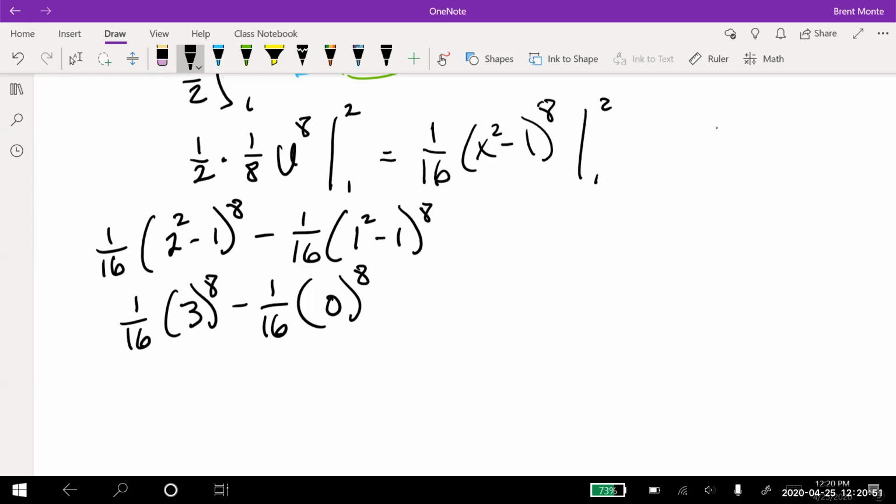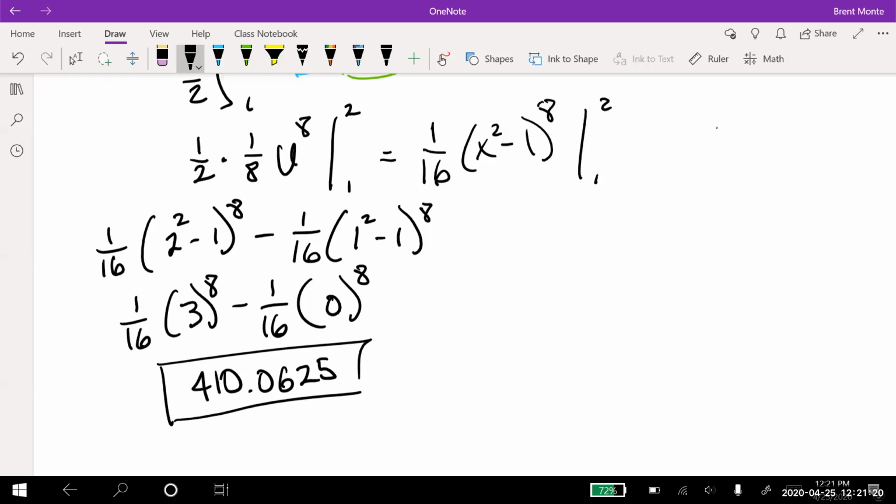I'll multiply that out in my calculator. Let's see, 1 divided by 16, and then times 3 raised to the 8th power. And I get 410.0625. I don't know how many decimals they want us to go to, but I didn't round that off at all. It actually ends after those 4 decimal places.